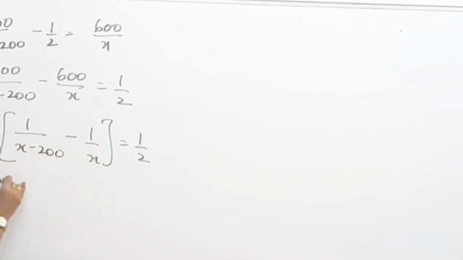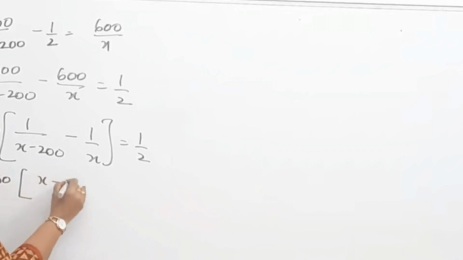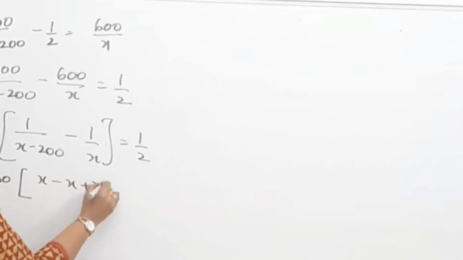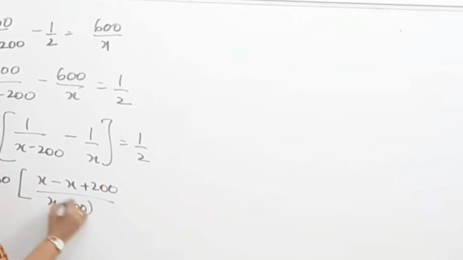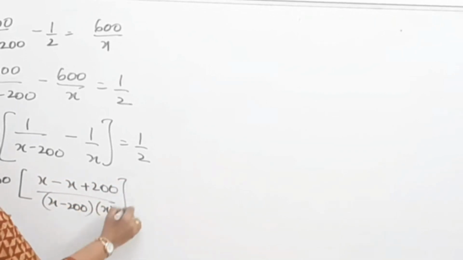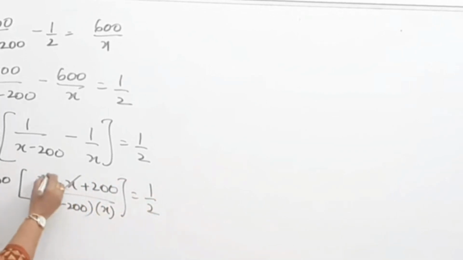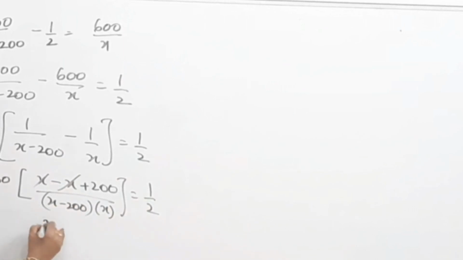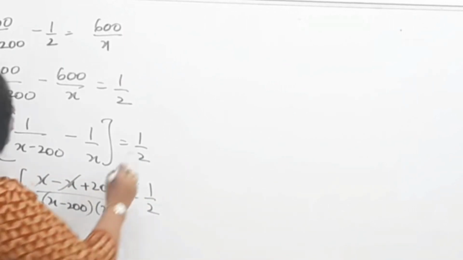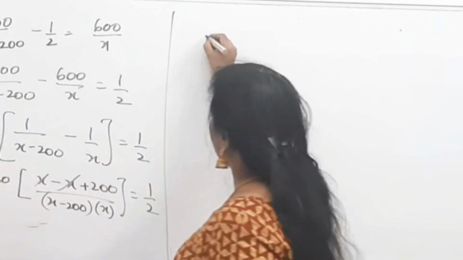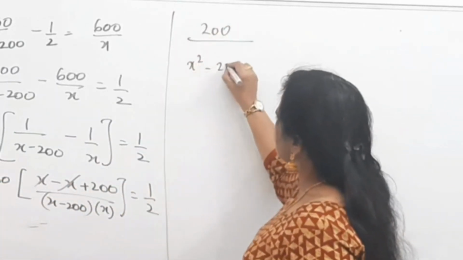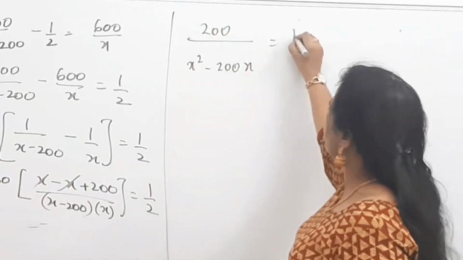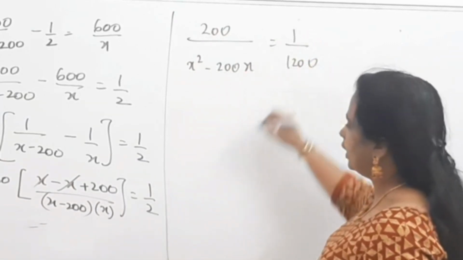So 600 × (x − x + 200)/((x − 200)x) = 1/2. So x gets cancelled, and I have 200 in the numerator. So I will have my equation as 200/(x² − 200x) = 1/1200.